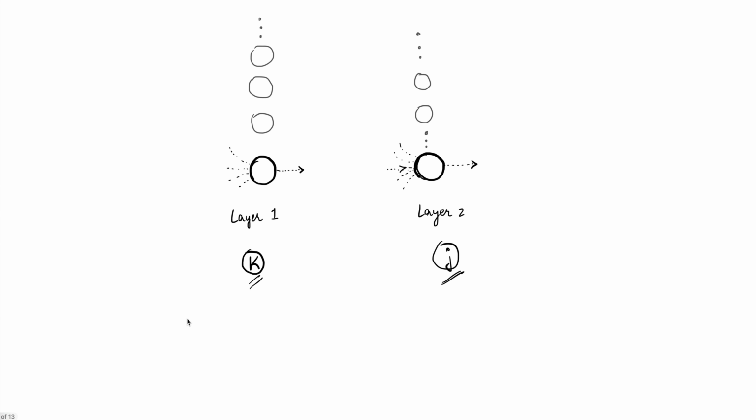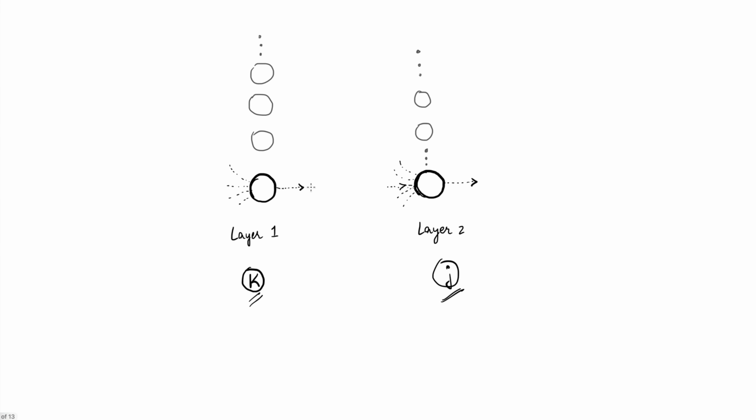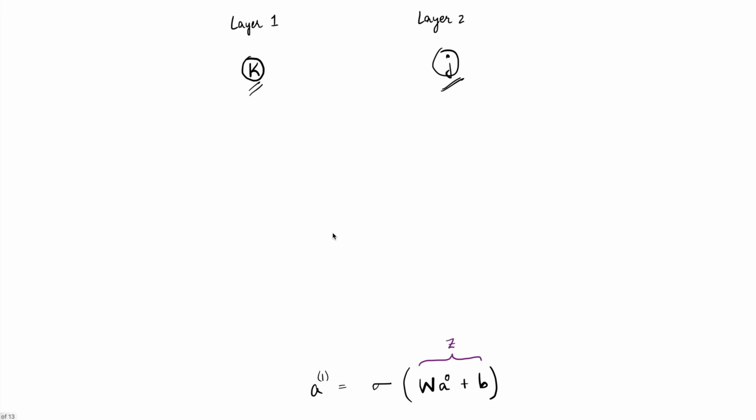Now the output of one neuron, as we know, is connected to the input of another neuron, and it is associated with weight W. Now let's write a simple expression.